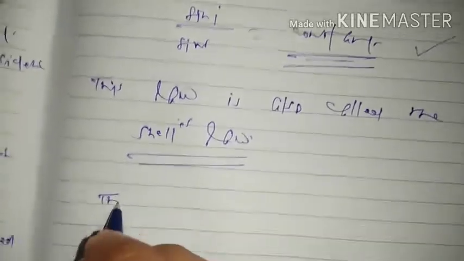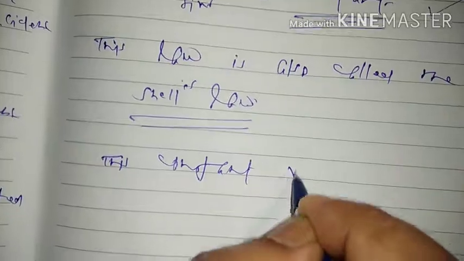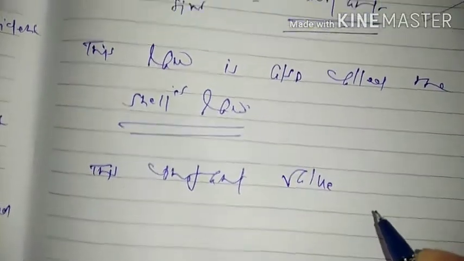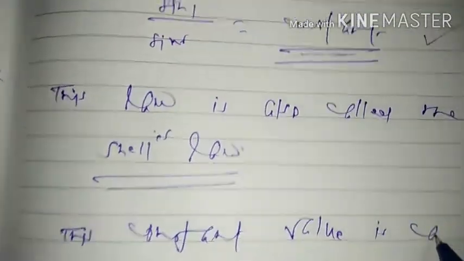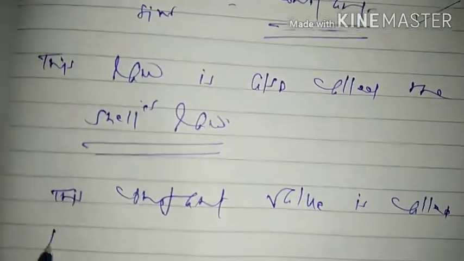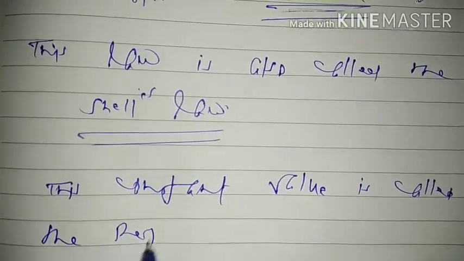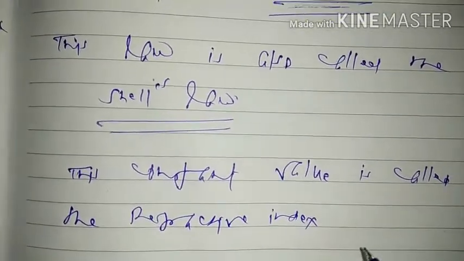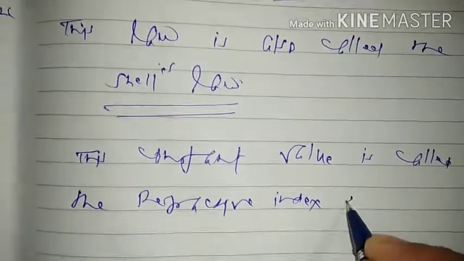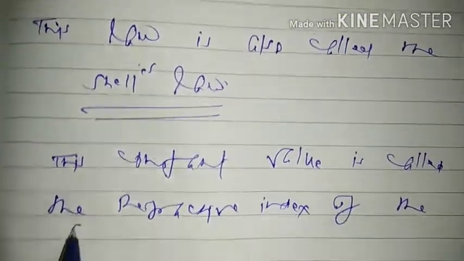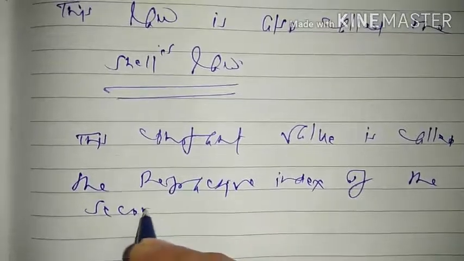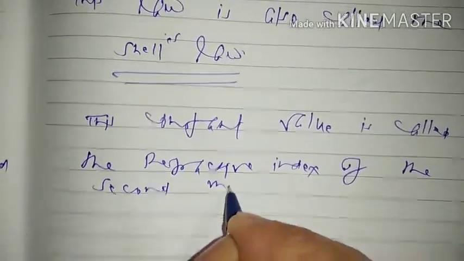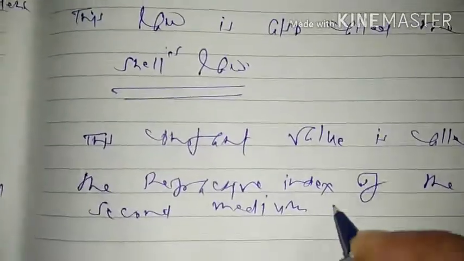This constant value, very important thing, is called the refractive index of the second medium with respect to the first.